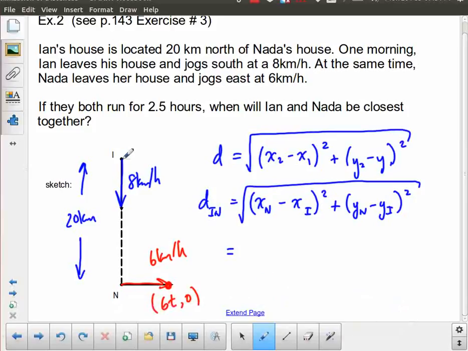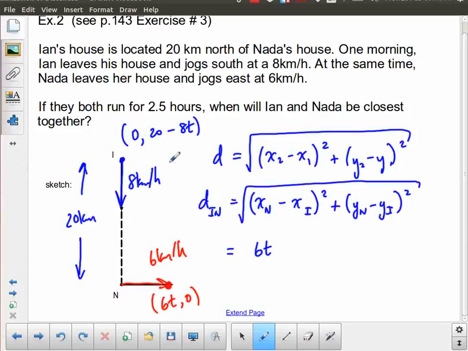Ian, on the other hand, he's actually going to stay on the y-axis, so his x-coordinate is always 0. His y value starts at 20, and then from there we're going to be subtracting 8t as he moves along this path heading south.